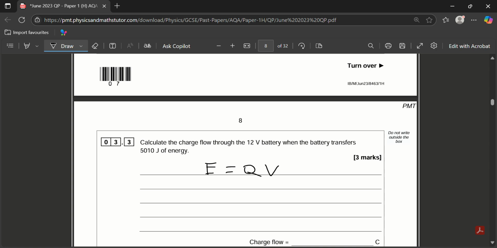Our charge flow is just going to be Q. So we have essentially 5,010 joules over 12 volts to get Q, and the charge flow comes out to be, with our calculator, 417.5 coulombs.